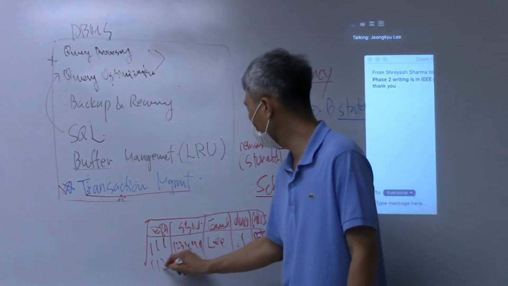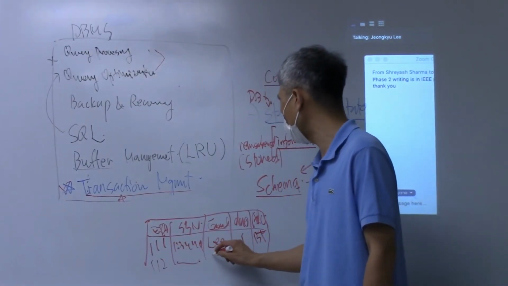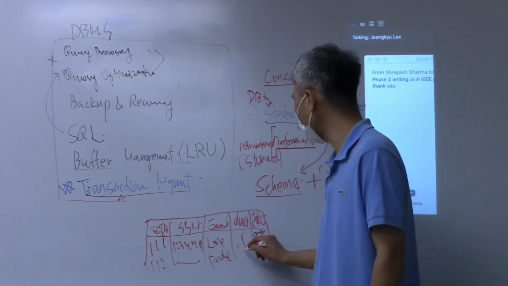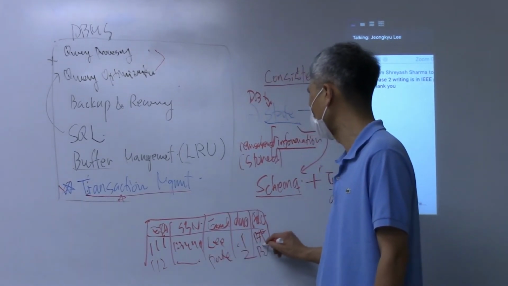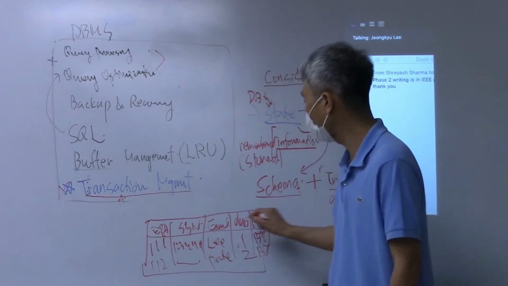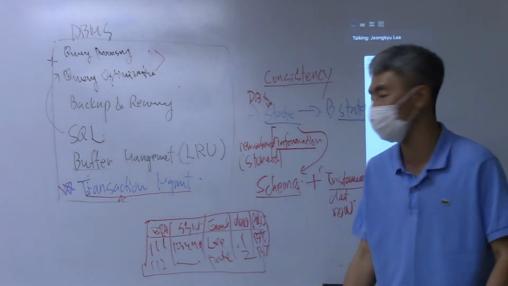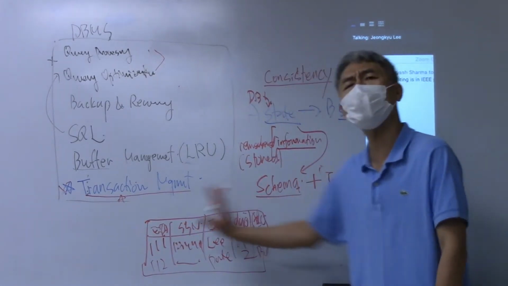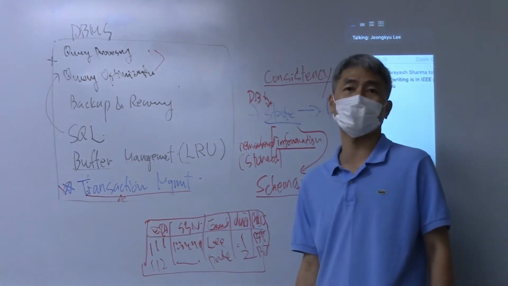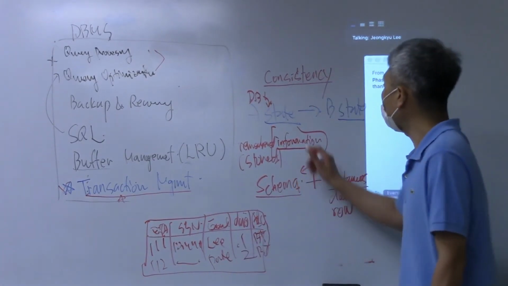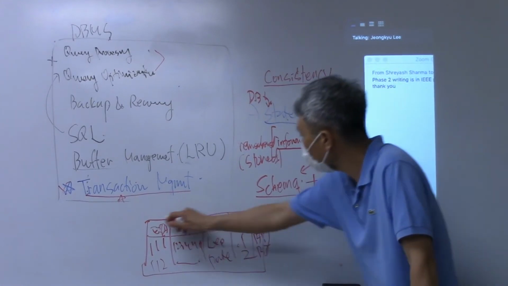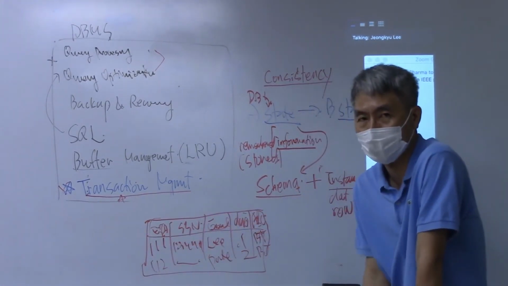And 112, the name is Patel, DNO is 2, and Bridgeport. Like this. If you have a number of instances with the schema, that's everything of the relational database, right? So, if you have this, this is called the database state.